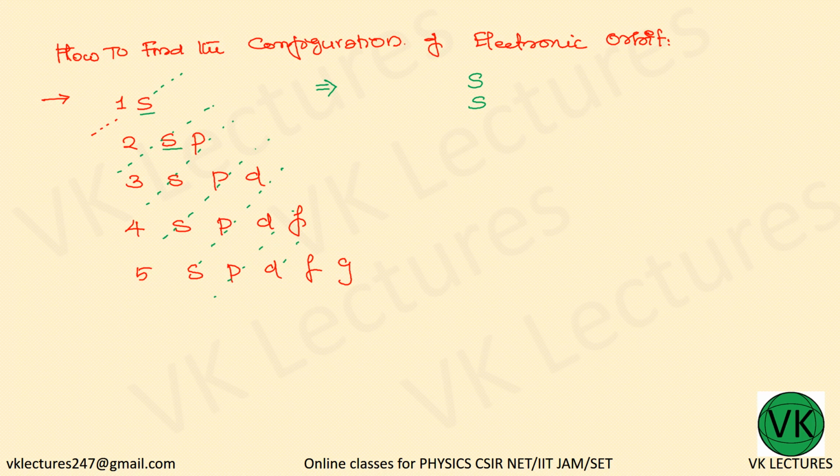Now P, S, then D, P, S. Now if you want to write F, SPDF, so F, D, P, S. So start numbering in increasing order wherever you see the S. So this is 6 and this is 7.